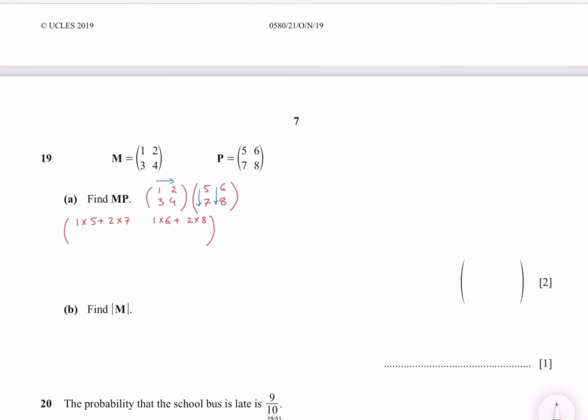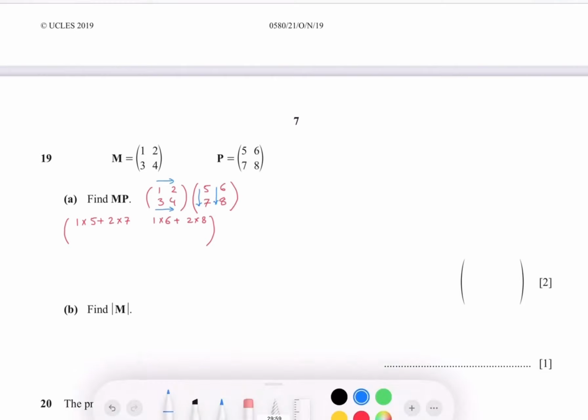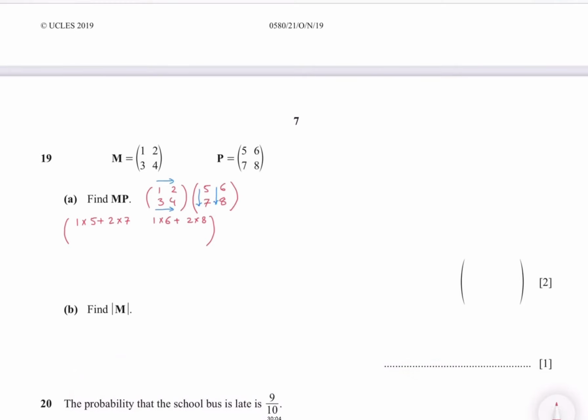Now row of the first matrix with the column of the second. 3 into 5 plus 4 into 7. And 3 into 6 plus 4 into 8.